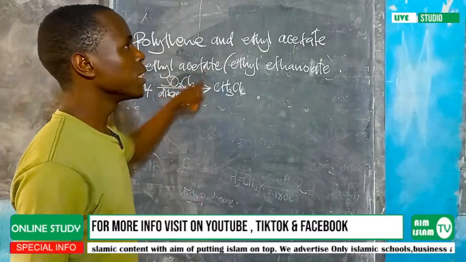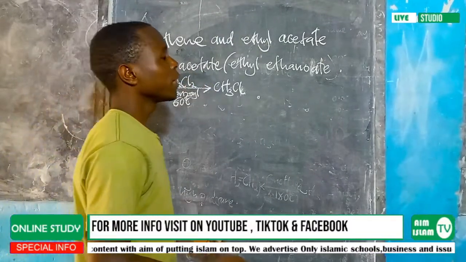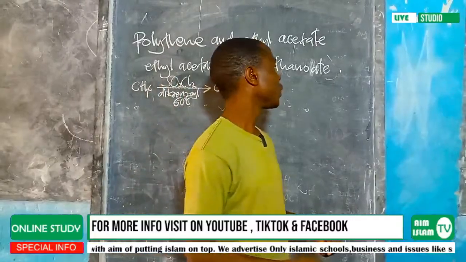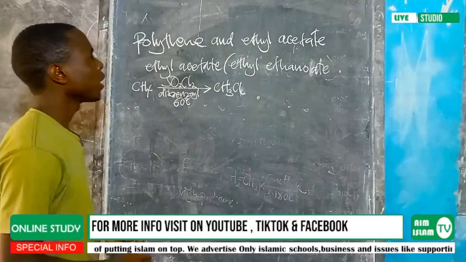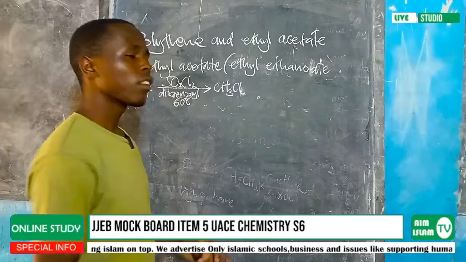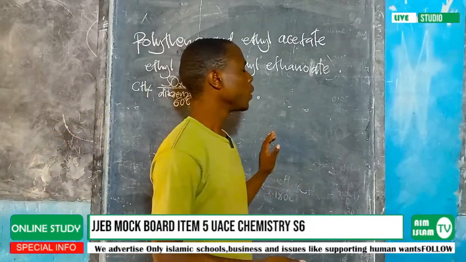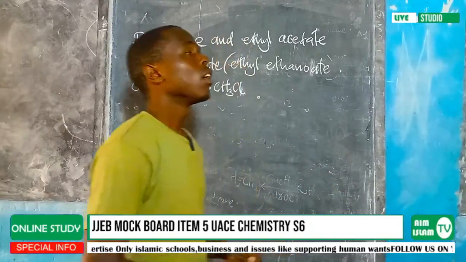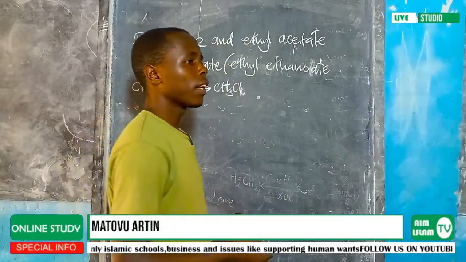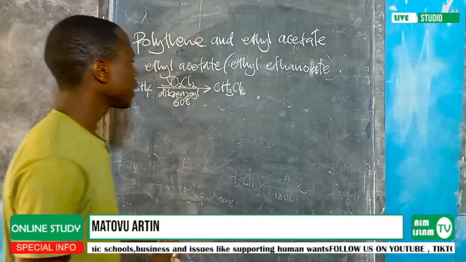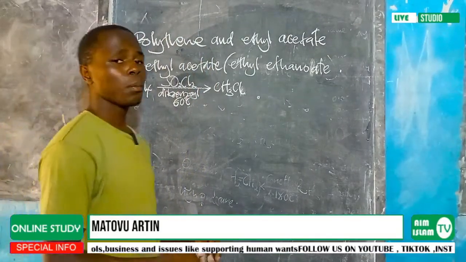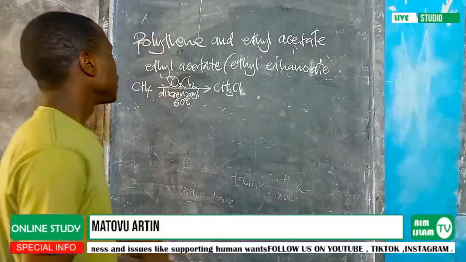So chloromethane, remember I want to form this one. This one can easily be got from a process called esterification. That is when I add an alcohol with a carboxylic acid, such that it can take place in an acidified medium.